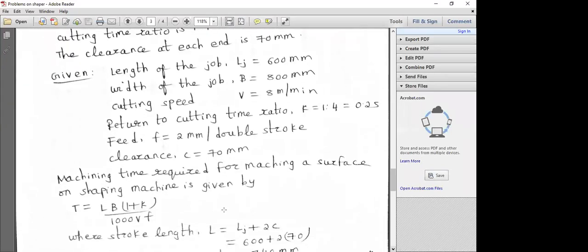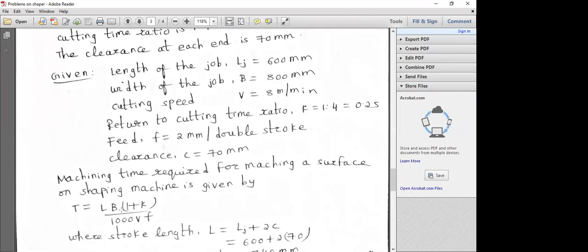Directly we go for the formula. It is L into B into (1 plus C), or sometimes he will give K, divided by 1000 into V into F. You can use either notation, K or C, but follow carefully. This formula is used when only a single value of cutting speed is given in the problem.